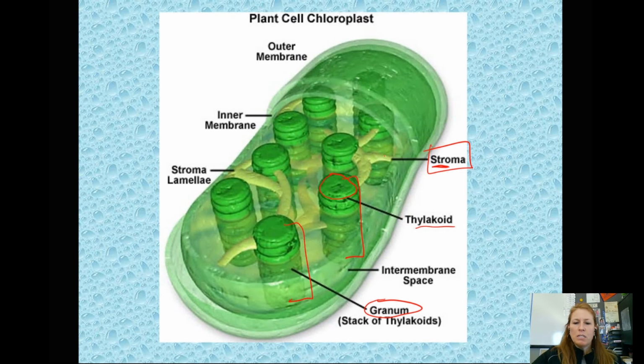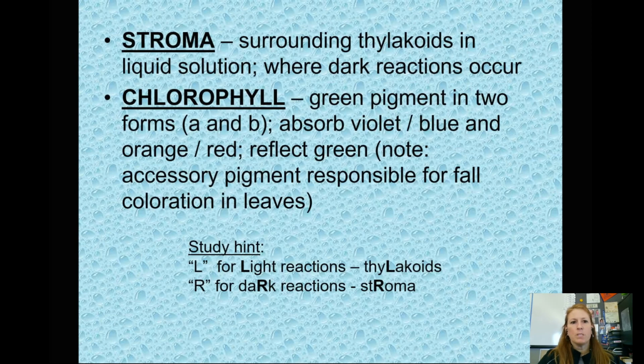The stroma is this light green going between these stacks of thylakoid membranes or grana, okay? So the part between the thylakoid membranes and the grana is called the stroma. So this is where the dark reactions take place. Photosynthesis takes place in 2 parts. I already kind of mentioned that.